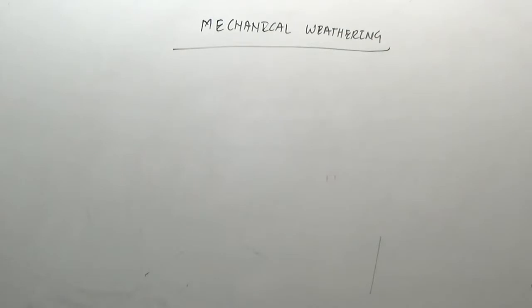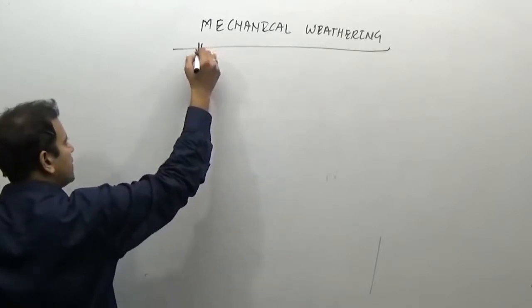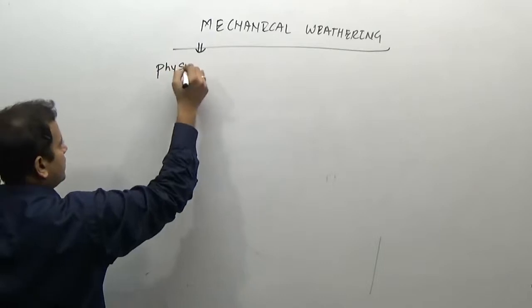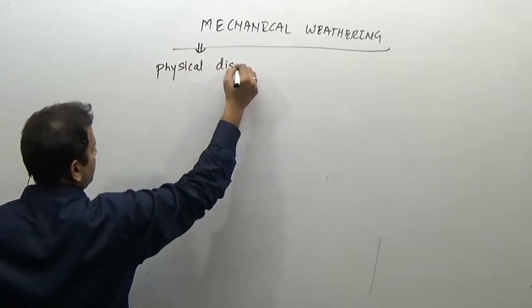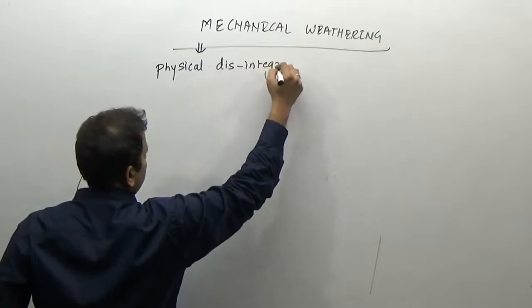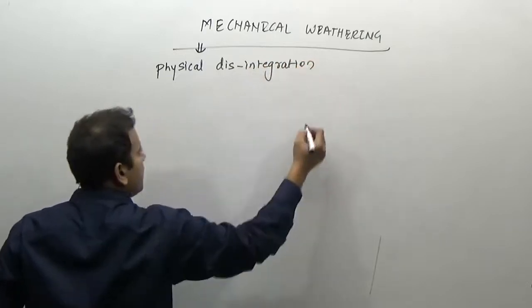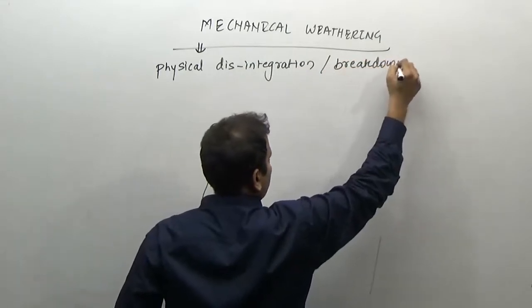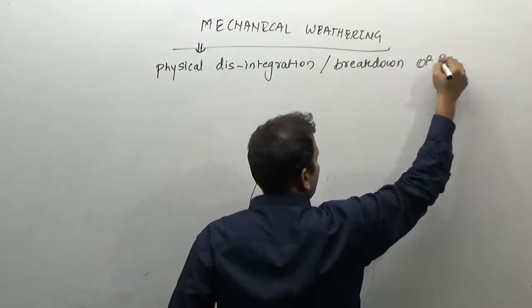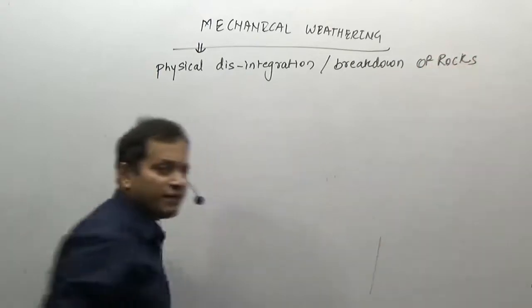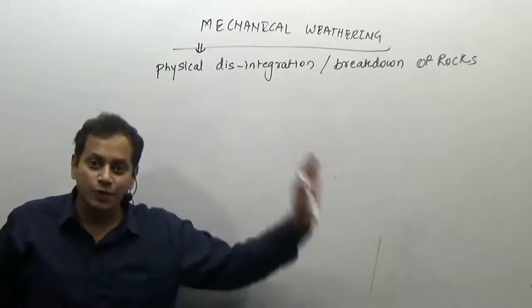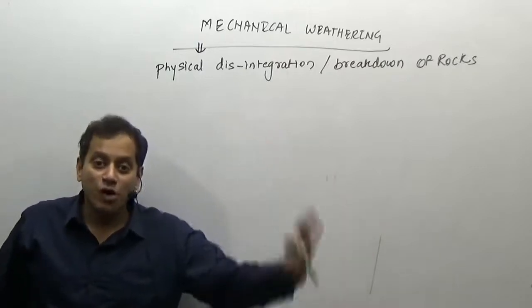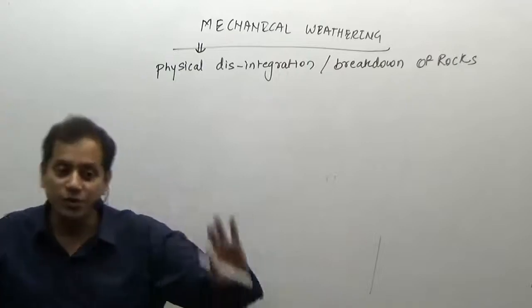Mechanical weathering is the breaking down or disintegration of the rocks. We can say it is the physical disintegration or breakdown of the rocks due to different factors such as water, wind, frost, and insolation.